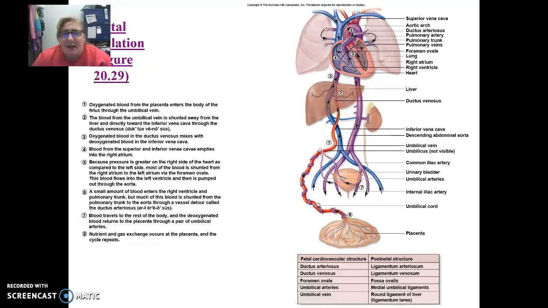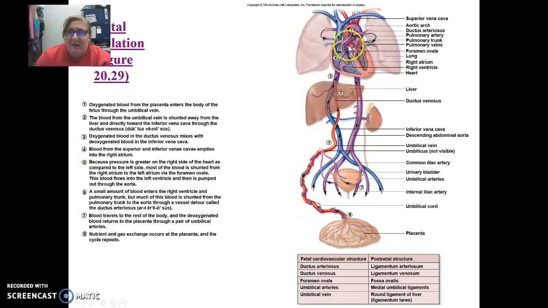So the majority of oxygen that moves in mom is going to move over to the fetus, which is why mom's respiratory rate increases, as does her blood pressure, and the amount of blood she has in her system has to increase to feed both the fetus and herself. This will allow the baby to get all of its nutrients, even though the majority of the blood is always going to be oxygen mixed.